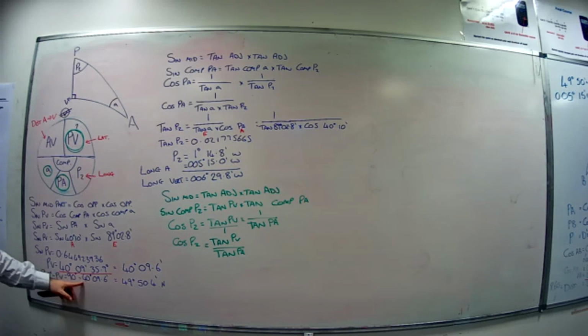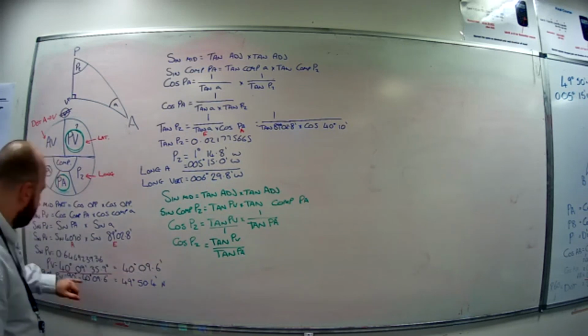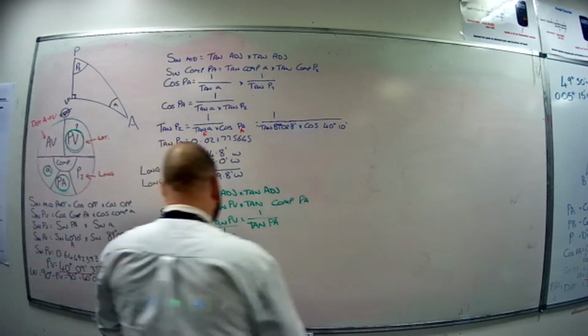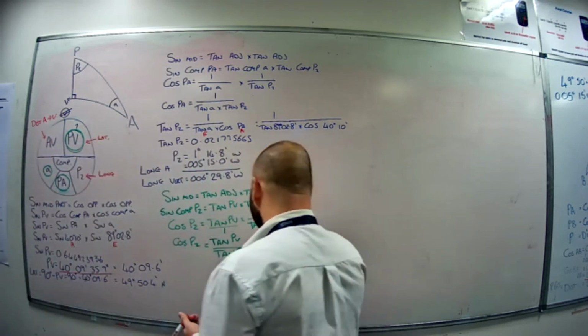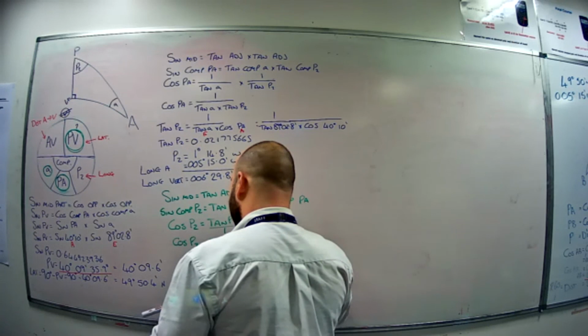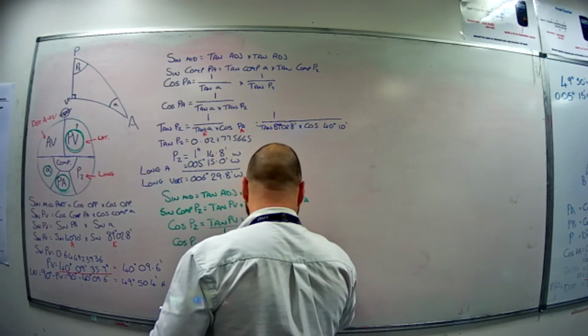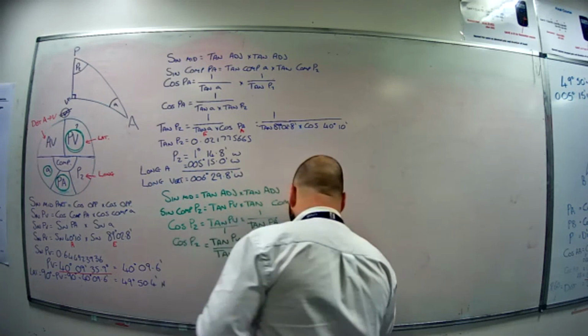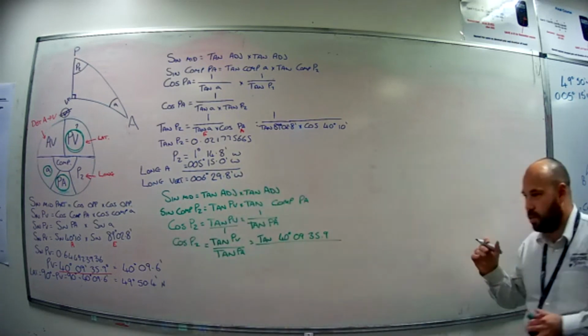That's because the units we work to is 1 decimal place for latitude and distance. But if I'm going to carry that number through, I have to use that infinite decimal place. Okay? So if I do this method, I must do the tan of 40 degrees 09 minutes 35.9 seconds. I cannot round it to 9.6.